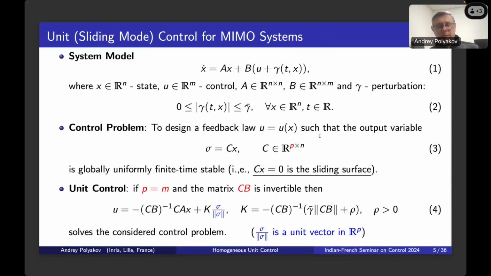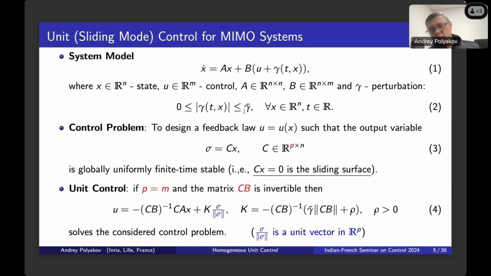So if you consider, for example, this linear system, we have a plant with a matrix A, which is assumed to be known, and the B matrix is also known. We have possibly some perturbations, but it is a matched perturbation, the typical assumption for sliding mode control design, and we assume that this perturbation gamma is bounded.